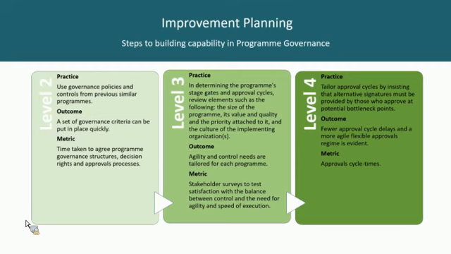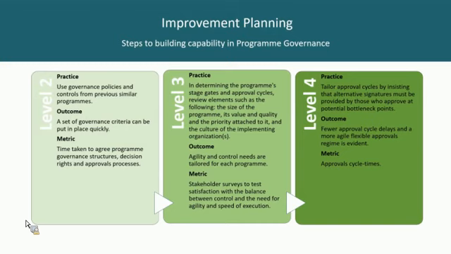And if we look at outcomes in this case, well, a level 2 outcome is a set of governance criteria that can be put in place quickly. Again, that's quite basic. But by the time we get to level 4, we're looking at fewer approval cycle delays and a more agile and flexible approval regime is evident.